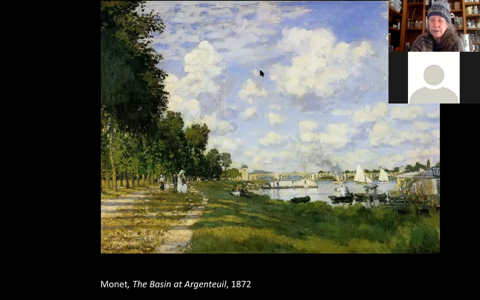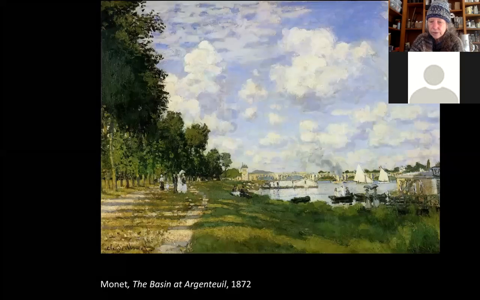So you can see that Monet has put a whole lot of attention into the clouds, the sky, the shadows falling from the trees over here, and not that much attention on the people in the boats or on the grass here. It's more about the weather, you could say.